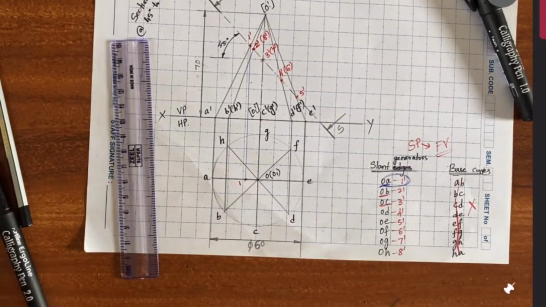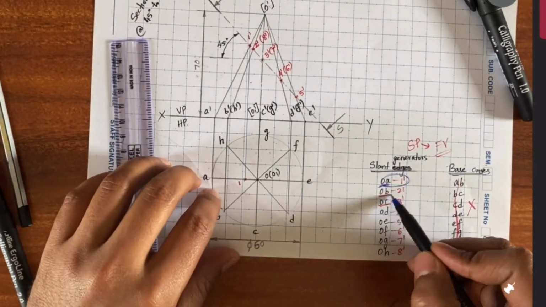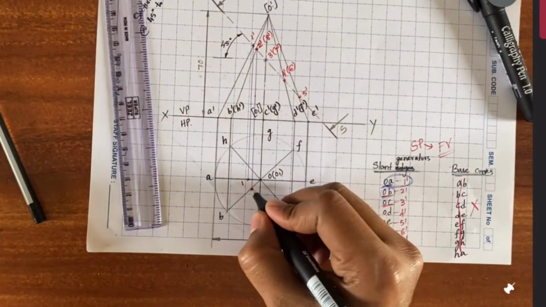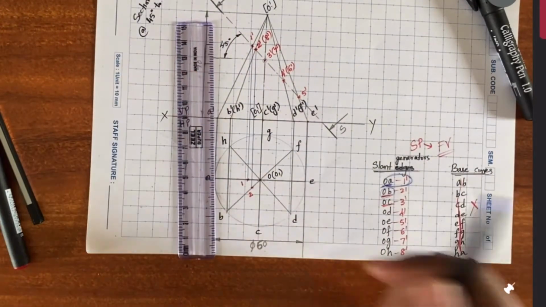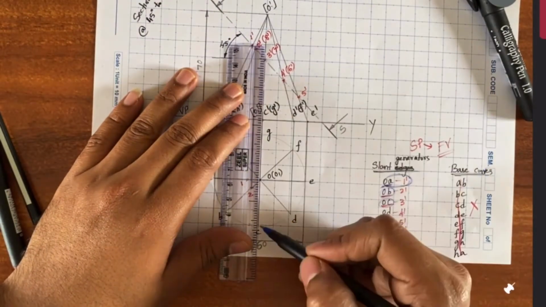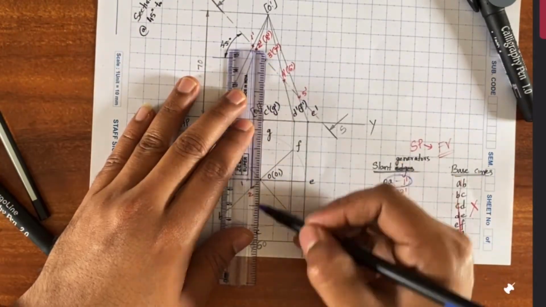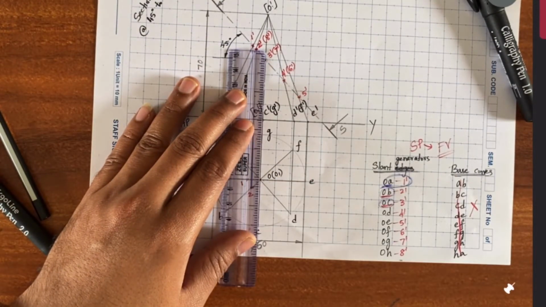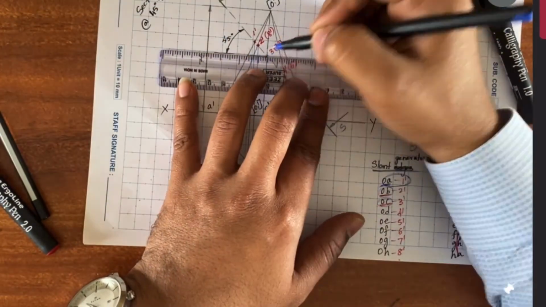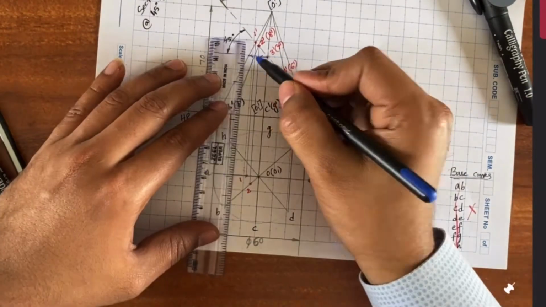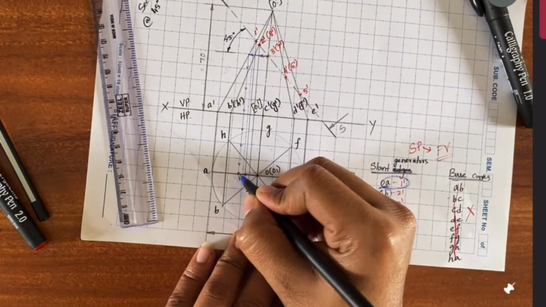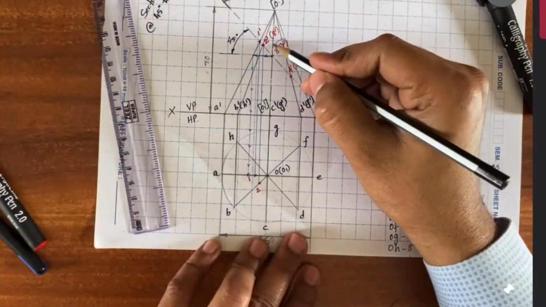In the same manner, repeat it for the remaining points. Check this point 3 and 7 dash.